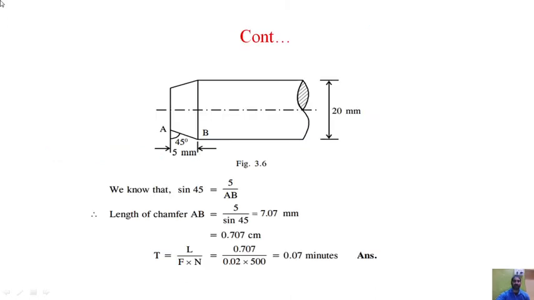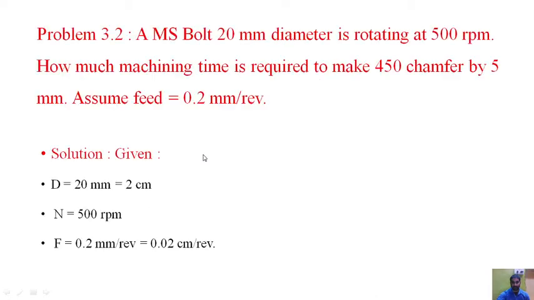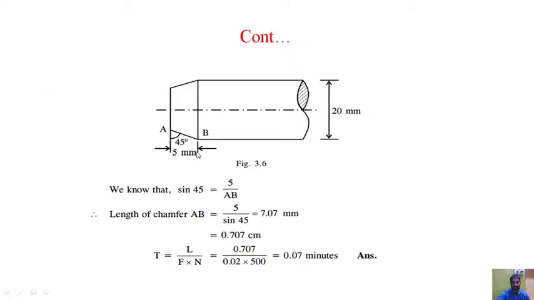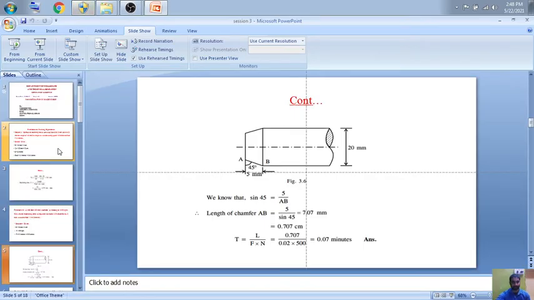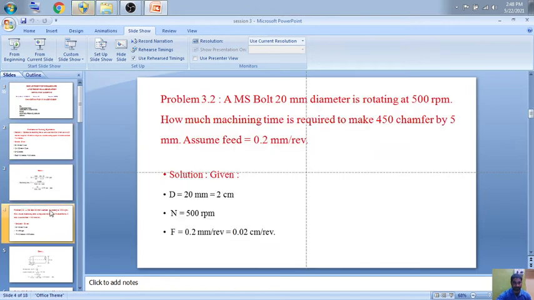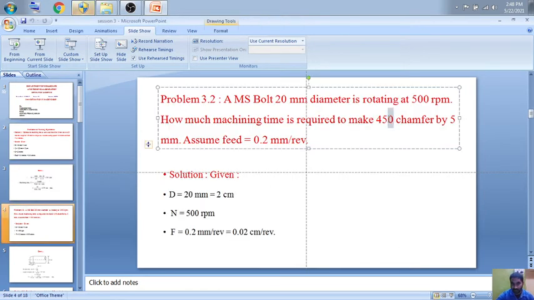The 20 mm is the diameter of the workpiece, and we just need a 5 mm length here, a chamfer of 5 mm length. So the length of this chamfer is 5 mm, and this is 45 degree.